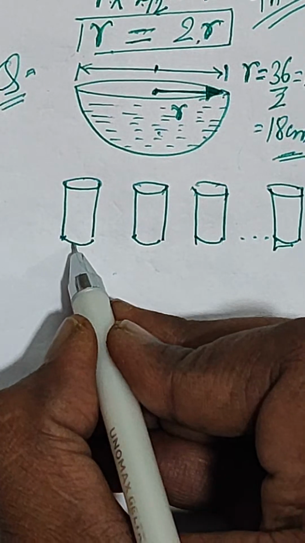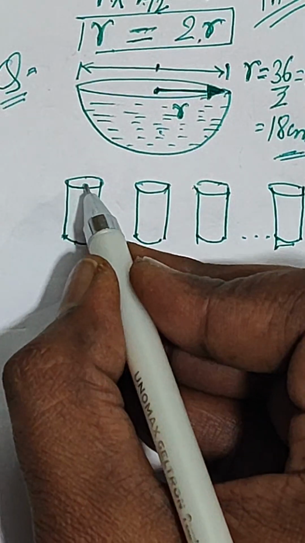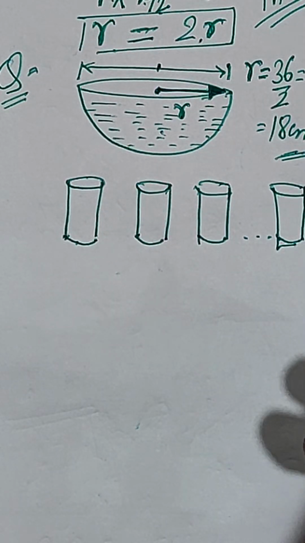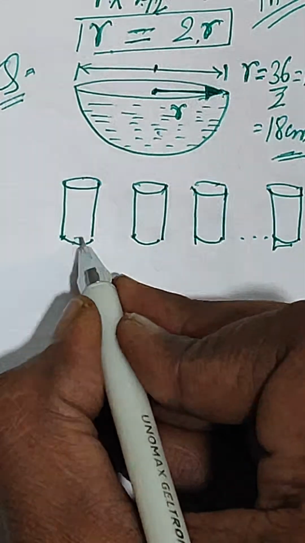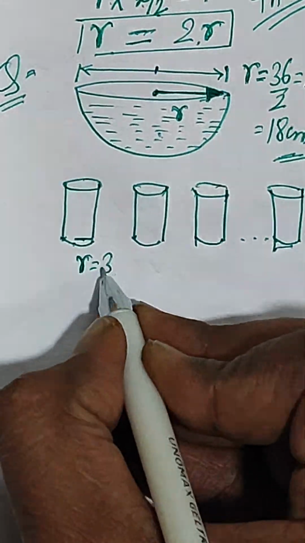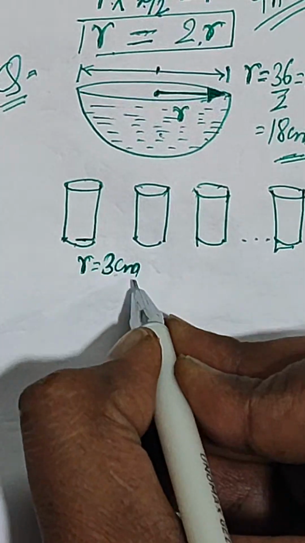So if these are cylindrical bottles whose dimensions are given to you, the radius is 3 centimeter. Here the radius is given to you as 3 centimeter, right?